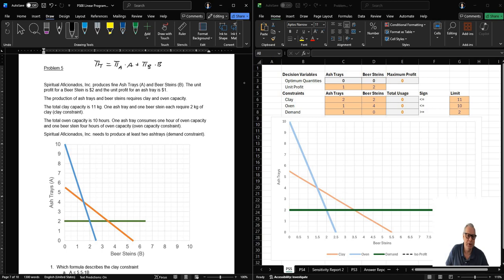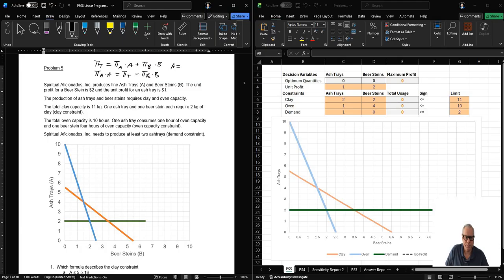Then we have to rearrange this, so we have A to the left side of the equal sign. So then we get unit profit A times A equals total profit minus unit profit beer stein times beer stein. And then we divide by the profit for the ashtray.